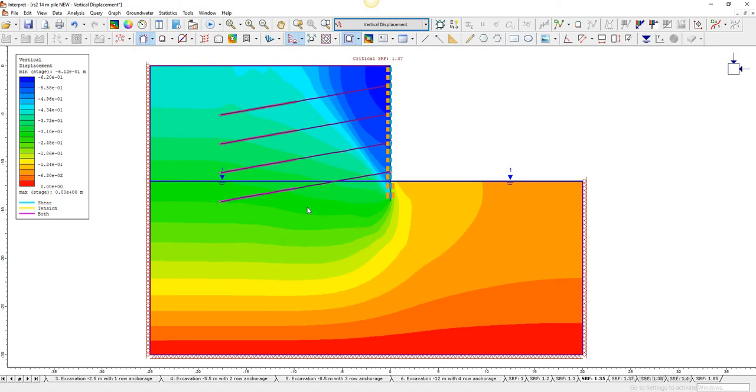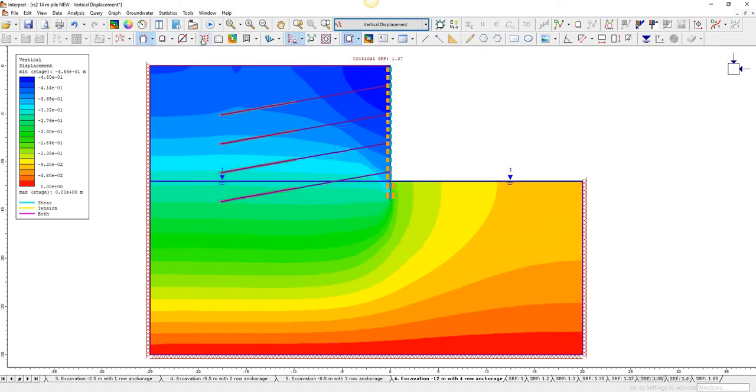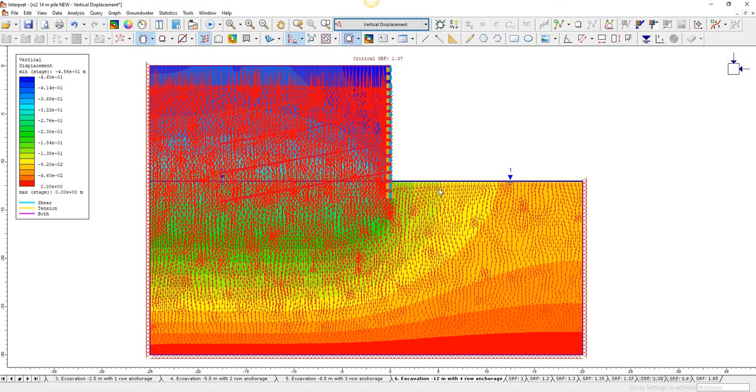Okay, and to answer the vector movement, I will show the vector movement. The vector movement is actually to see the deformation vectors of the mesh that occurred during the analysis.